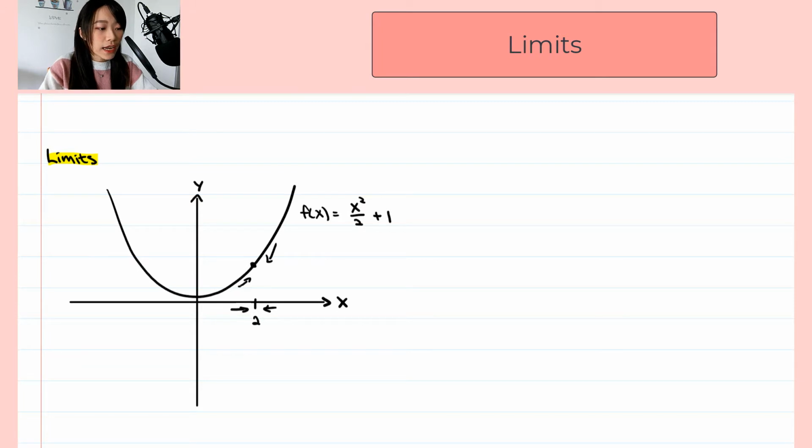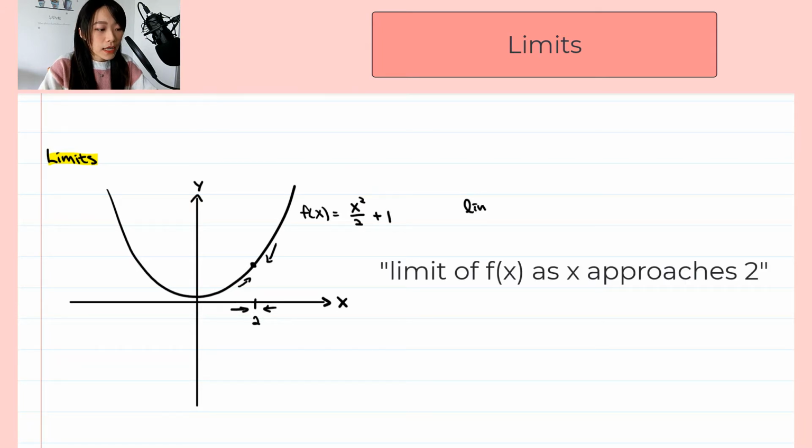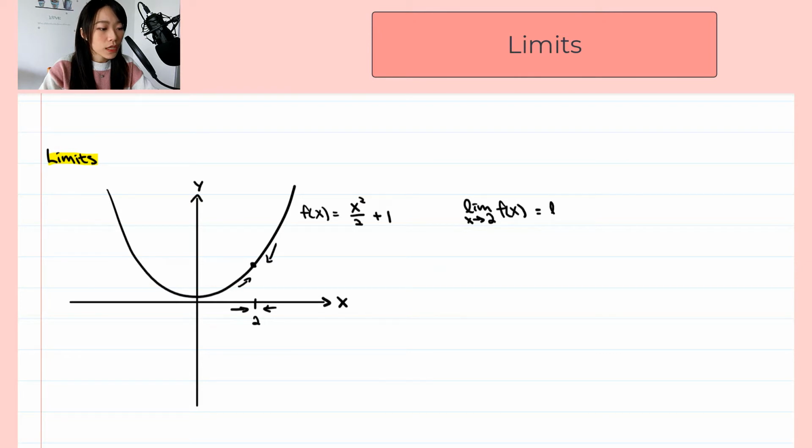And we denote that as the limit of f of x as x approaches 2. So this equals the limit as x approaches 2 of x squared over 2 plus 1.